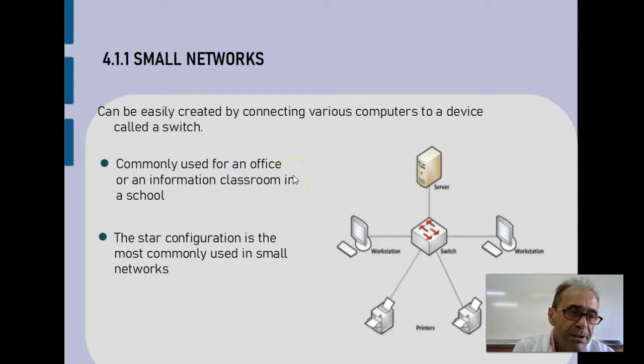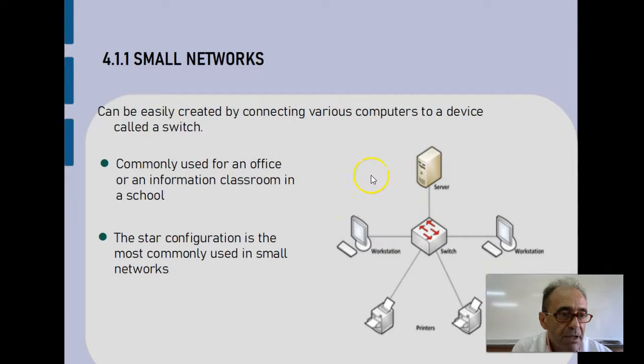A small network is something that is really frequent. At home you have a small network, and what we call the star configuration is the most typical for these small networks. In the star network, we have a switch in the middle of the network.